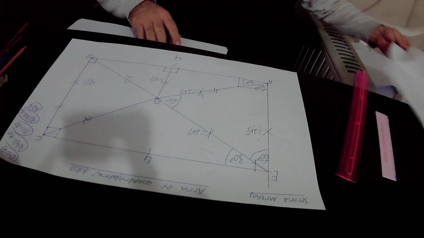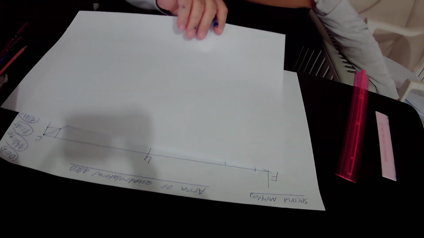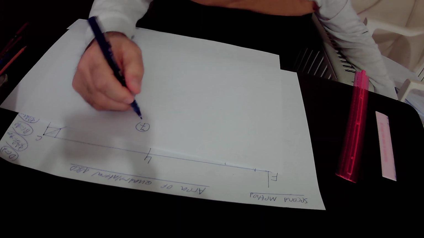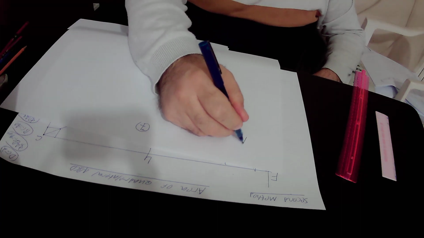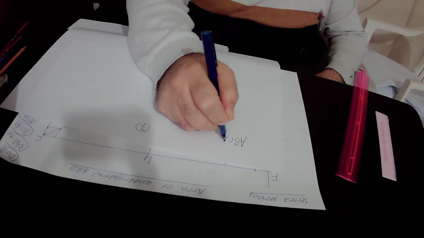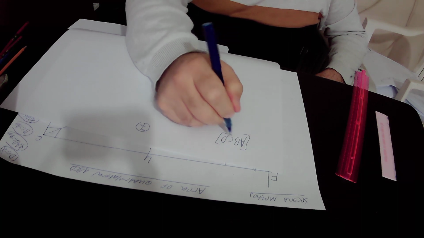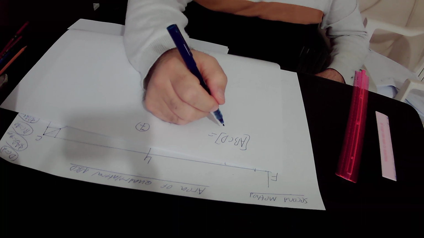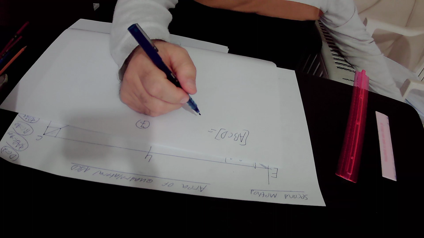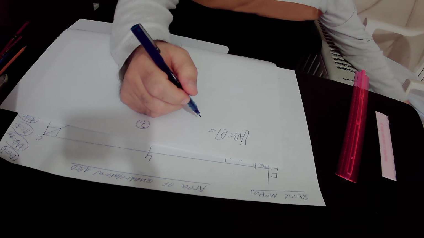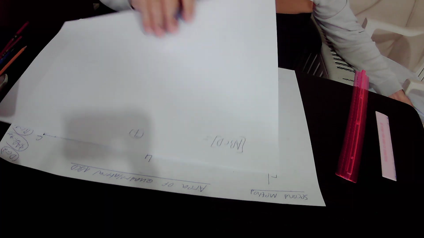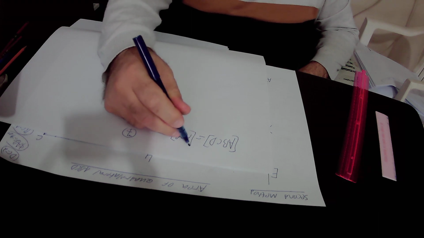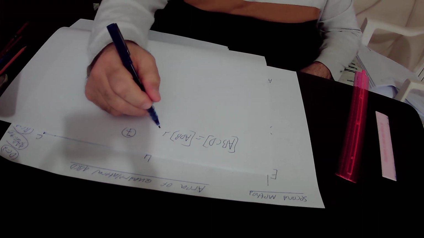Therefore, the area of quadrilateral ABCD will be equal to the area of triangle ADB plus the area of triangle DBC.